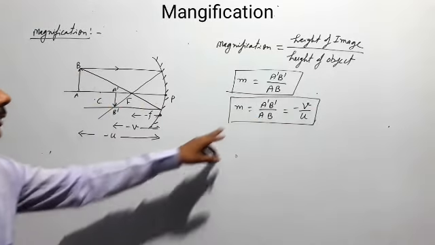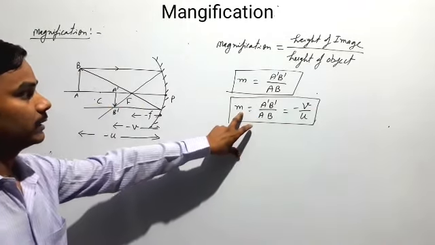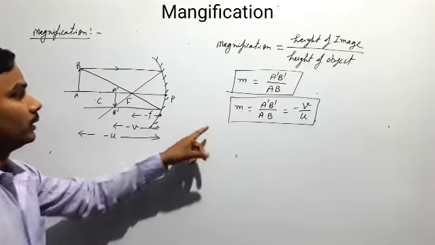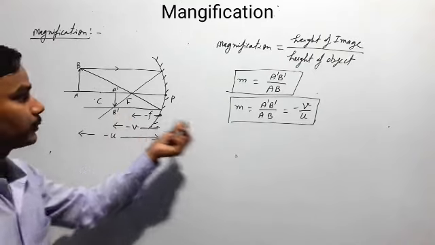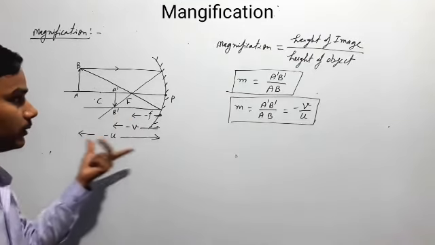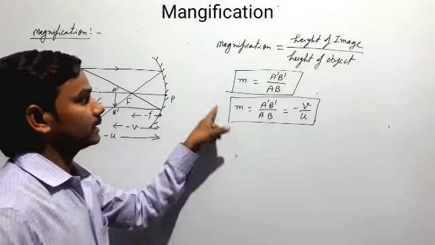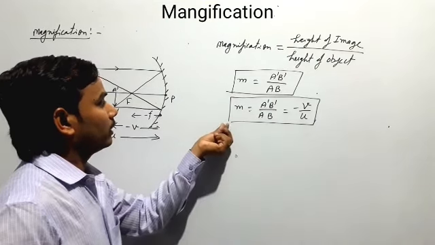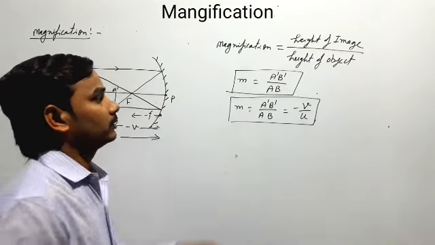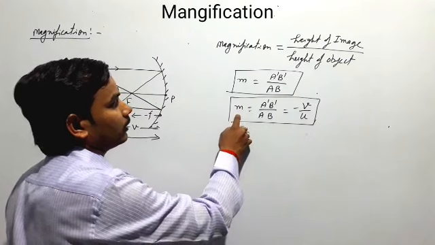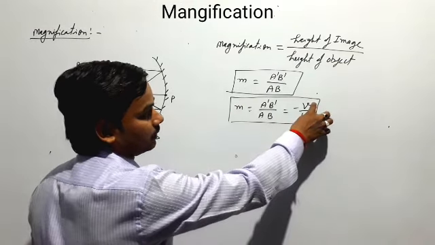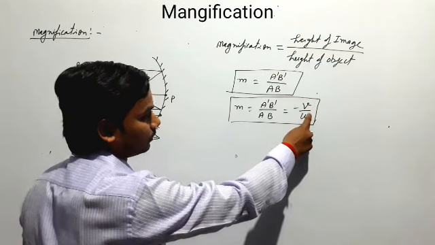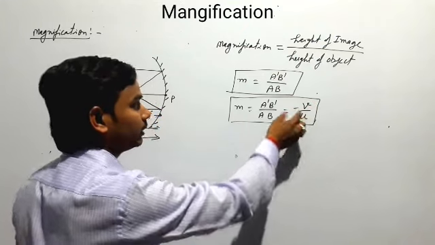This is also a formula for the magnification of a spherical mirror. Now what is v? v is the distance of the image from the pole, and u is the distance of the object from the pole. So magnification can also be written in the form of u and v. It is the ratio of the distance of the image from the pole to the distance of the object from the pole with a negative sign.